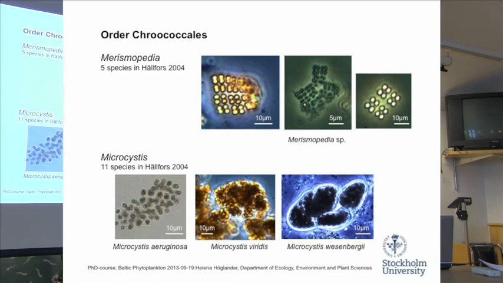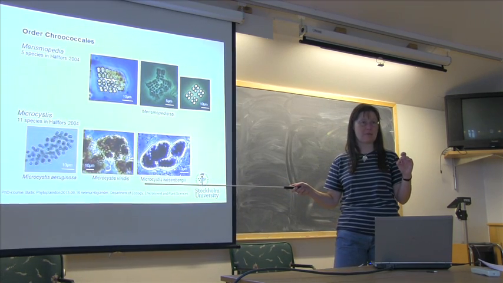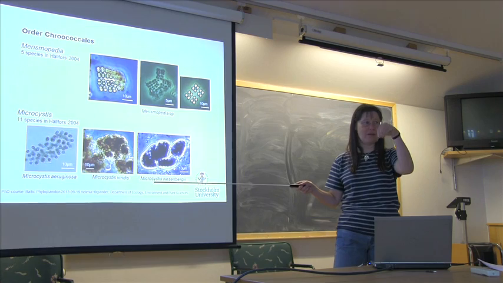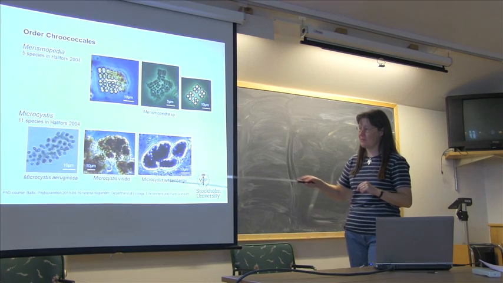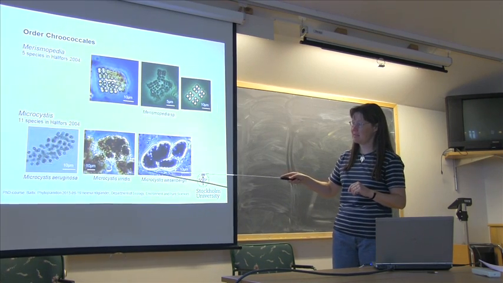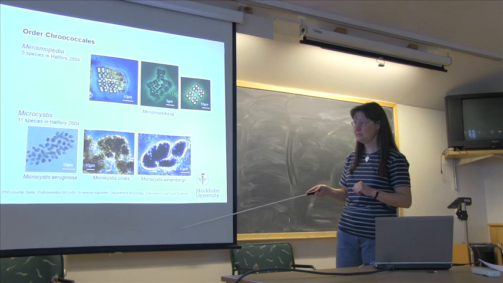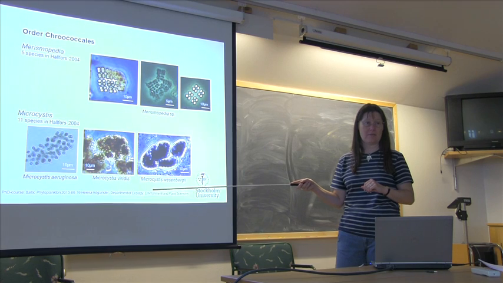You have this Microcystis viridis. If you're looking at it in the microscope, they look like a whole bunch of grapes. And you have this Microcystis wesenbergii with these gelatinous sheets that makes it quite easy to distinguish them from something else.